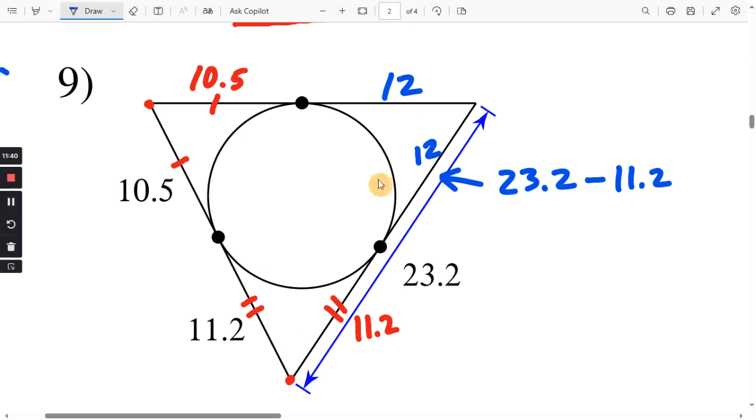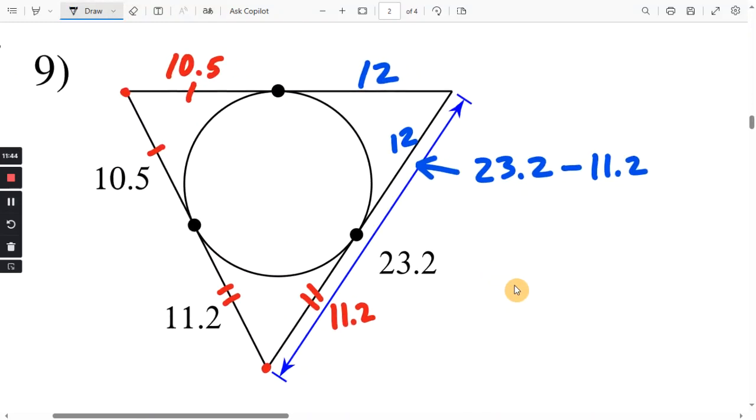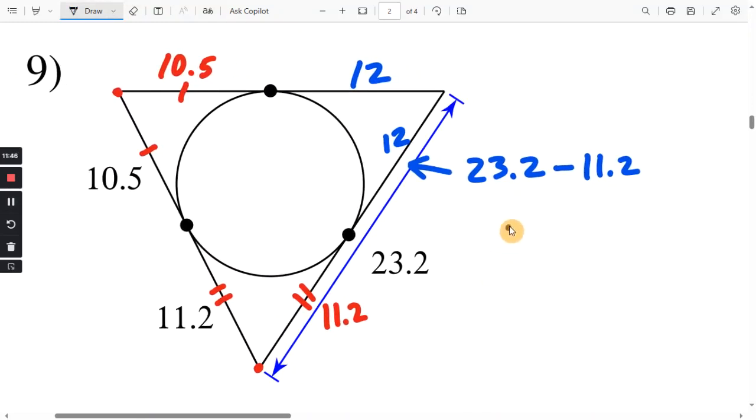Now, in order to find the perimeter, we just add up the sides. The perimeter P. Notice every segment has a repeat: 12 and 12, the 10.5s and the 11.2s. So for the perimeter, I'm going to multiply each one by 2.